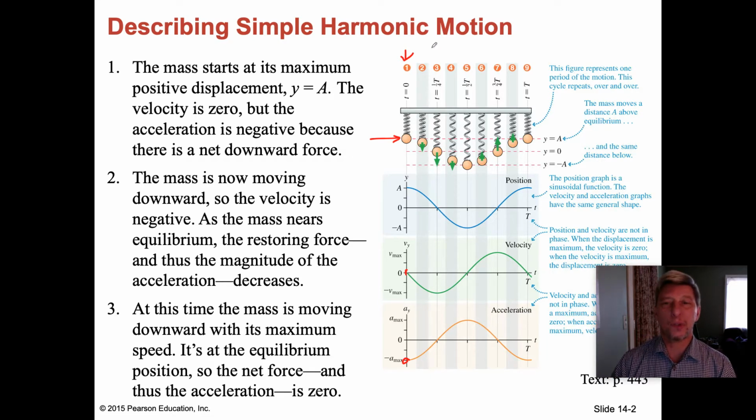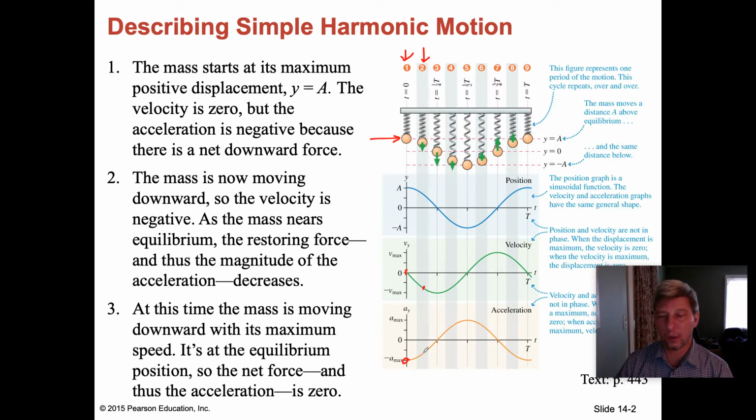Now, at step 2, the mass is now moving downward. So the position is decreasing, and the velocity is still negative at this point. All right, you can see that right here. As the mass nears the equilibrium point, the restoring force, and therefore the magnitude of the acceleration, decreases.